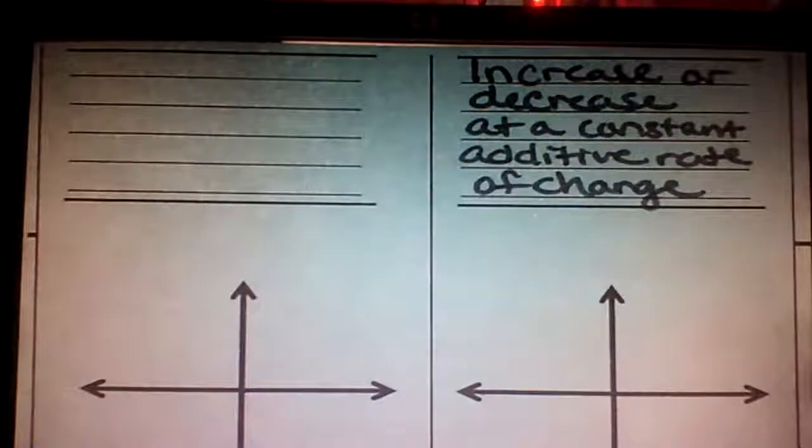Okay. So a linear, we can increase or decrease by an additive rate of change. What that's telling you is you add numbers along your y's or you subtract numbers along your y's. So you find your pattern by adding or subtracting.